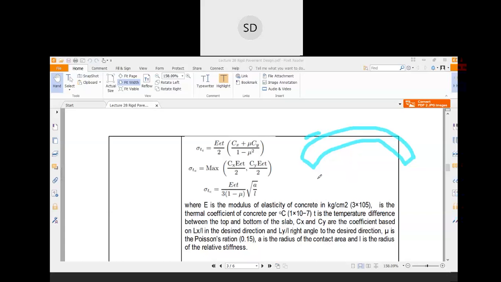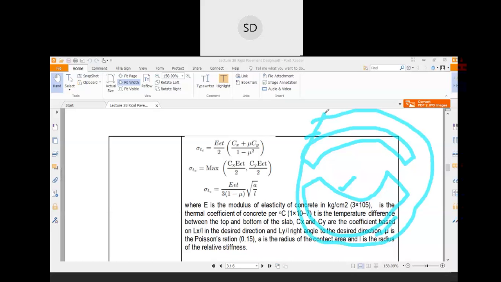During the night, basically the opposite action happens. Whatever temperature was at the top portion is gradually transferred to the bottom portion. Therefore, the bottom portion gets heated, but the top portion, because it is in direct touch with the environment, gets cooled down. So there would be a reverse stress position, that is, compression at the top portion and tension at the bottom portion. That is the reason why warping stresses are generated.